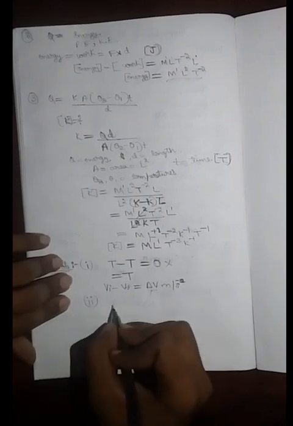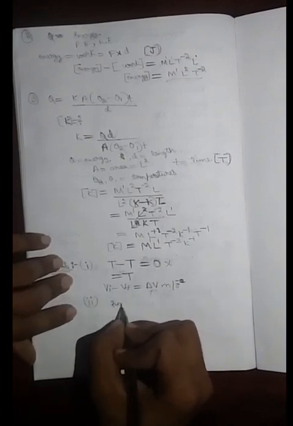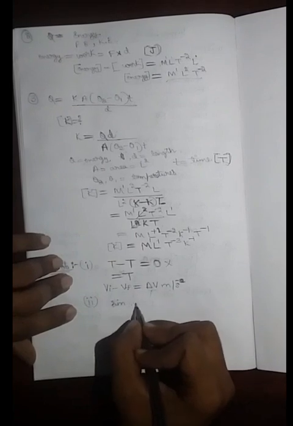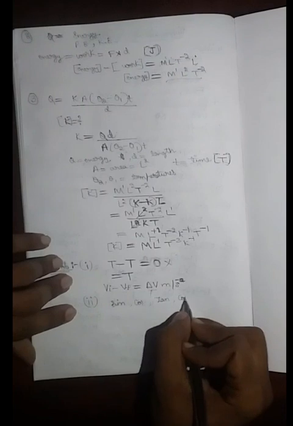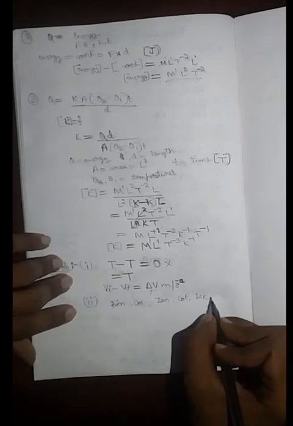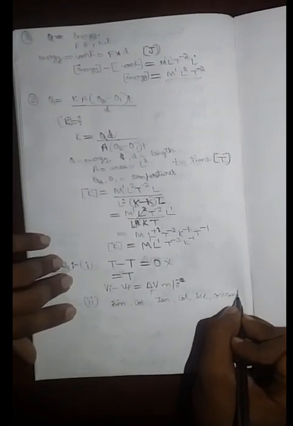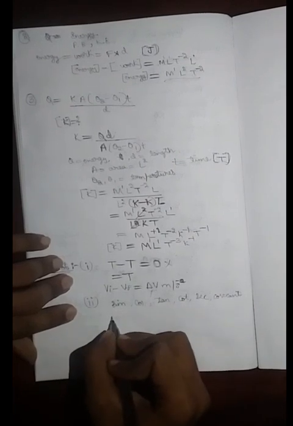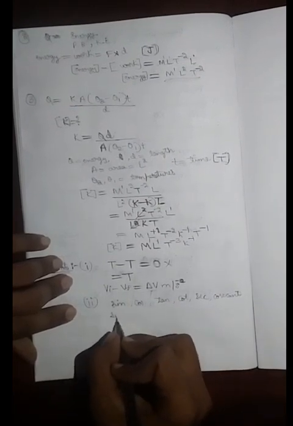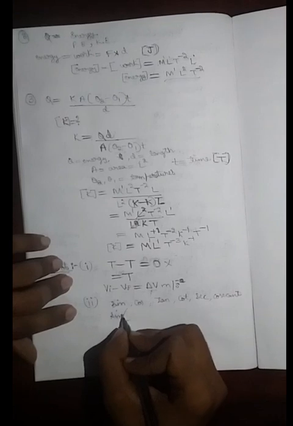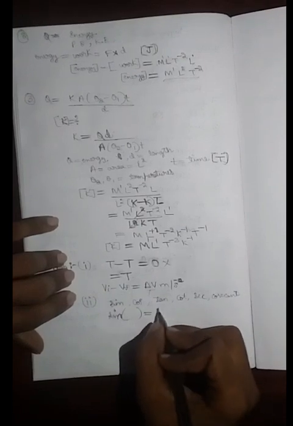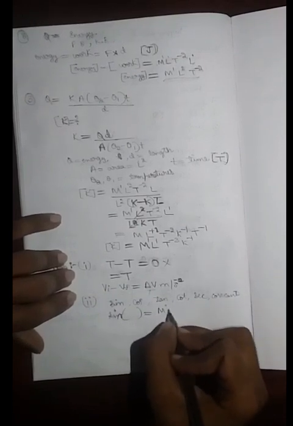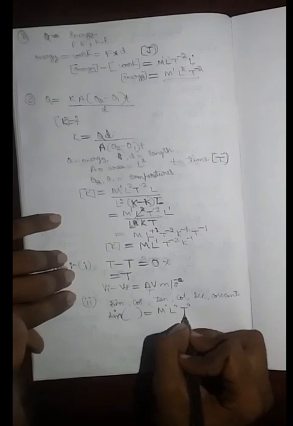The second one is, for functions like sine, cos, tan, cot, secant and cosecant, for all these trigonometric functions, it does not have any unit, it does not have any dimensions, that is M power 0, L power 0, T power 0.